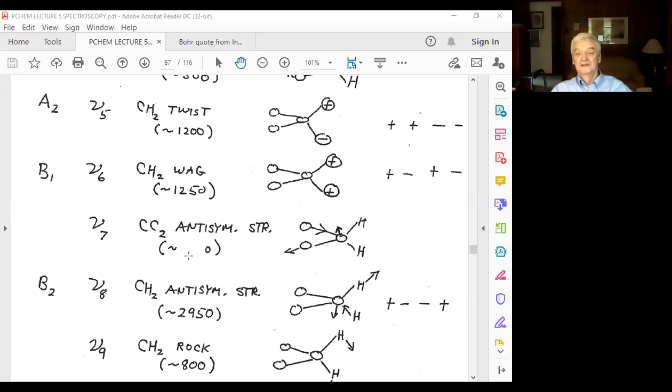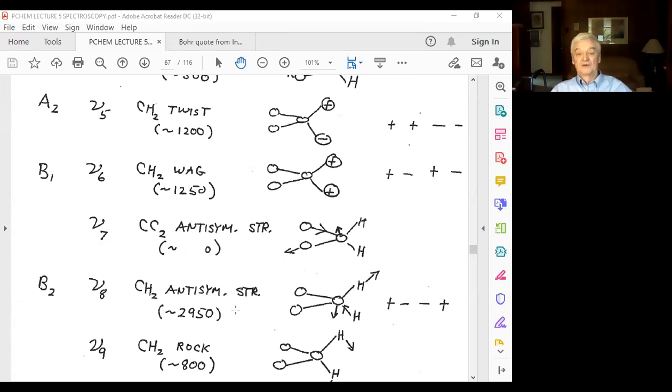This might be 2970 wave numbers. Oh, sorry. I'm making a lot of mistakes. This is carbon-carbon anti-symmetric stretch. So this would be about 1,000 wave numbers because it involves carbon-carbon single bond stretches that we have here.